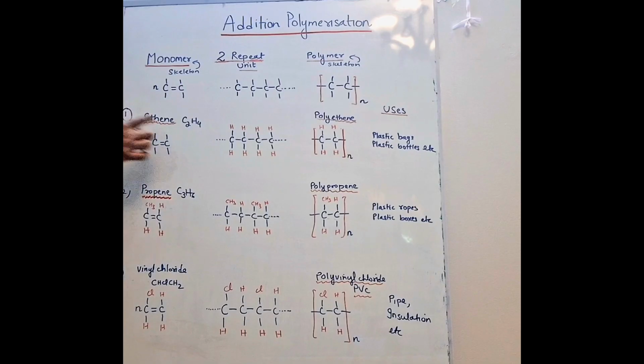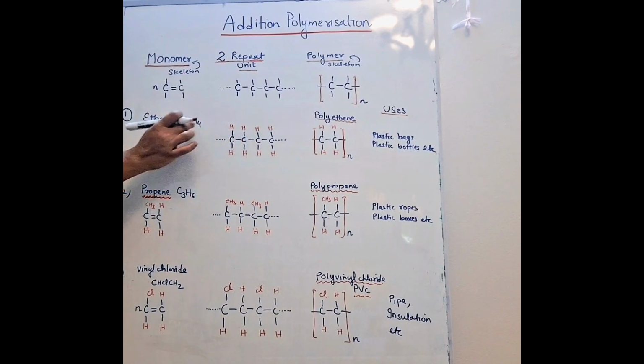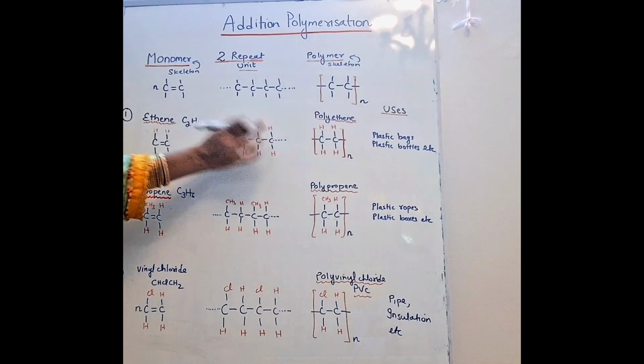And now there are 4 hydrogens, so I will satisfy the carbons with the 4 hydrogens. Now it is not a skeleton, it is actually the ethene monomer. The same thing which I did here, but I know 2 carbons have 4 hydrogens.